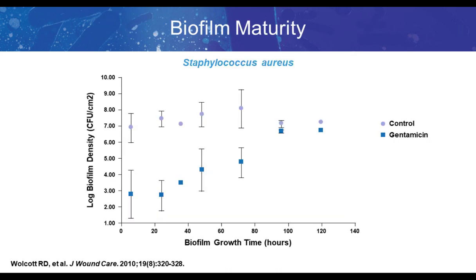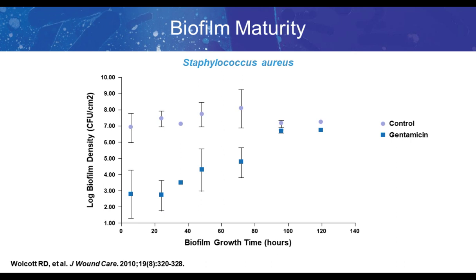This tolerance to antibiotics and also other antimicrobial agents develops over time. You see here, the upper blue dots are a control biofilm that hasn't been treated, and the darker blue dots are a biofilm that's been treated with a high dose of gentamicin, about 200 times the minimum inhibitory concentration.